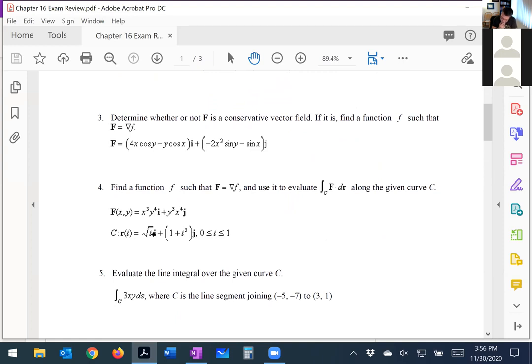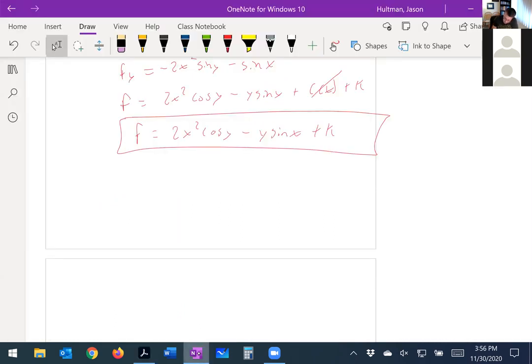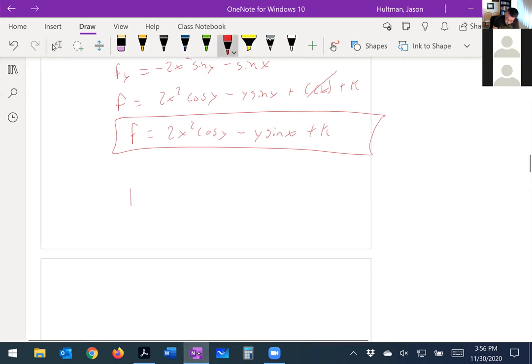It looks like it will be, because if I take the derivatives of those, I think I'm going to get the exact same thing. So F is equal to x cubed y to the 4th i plus y to the 3rd x to the 4th j.